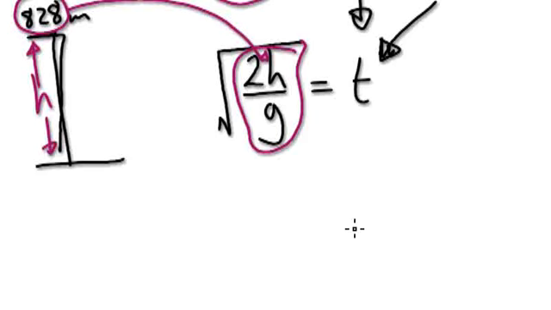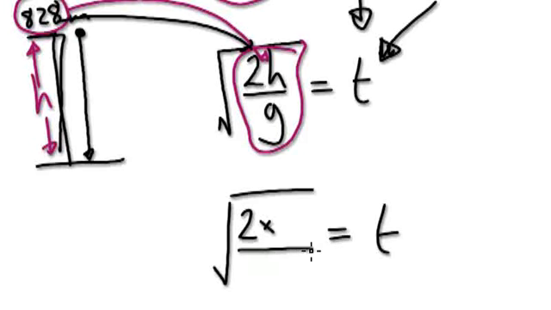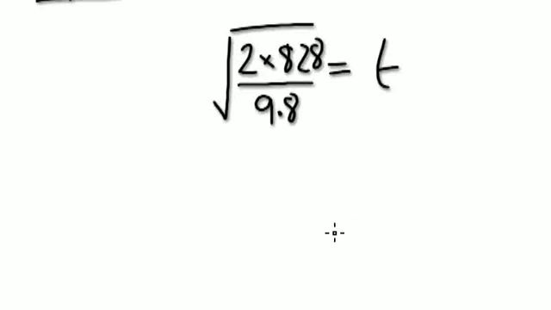So basically we want to know, if you drop a cannonball off that Dubai Tower, how long will it take to hit the ground? So you put the height of the building into the H here. So T equals square root of 2 times H, which is 828, over G, and G on Earth is 9.8. Don't worry about this 9.8 for the time being. I'll explain that another time.